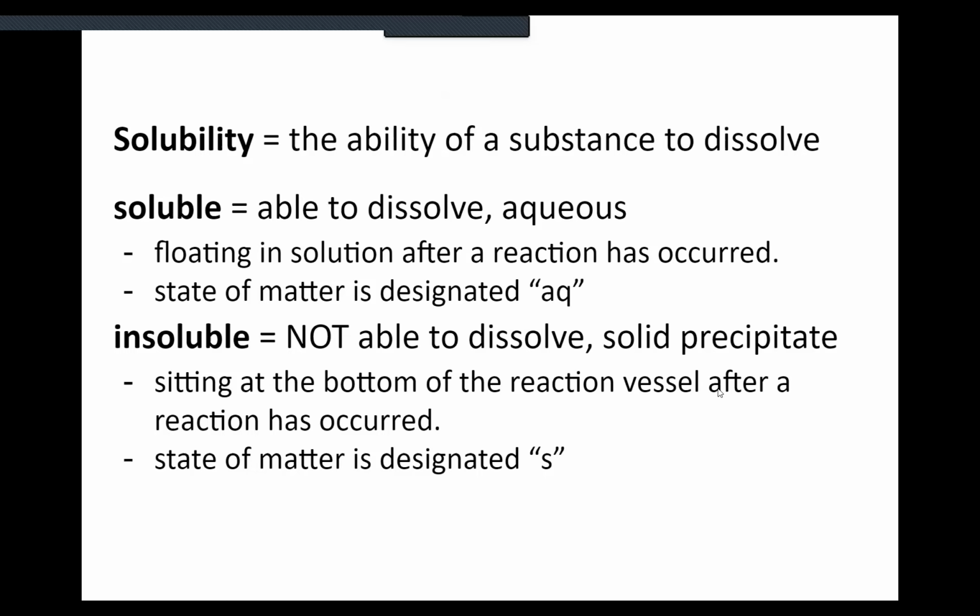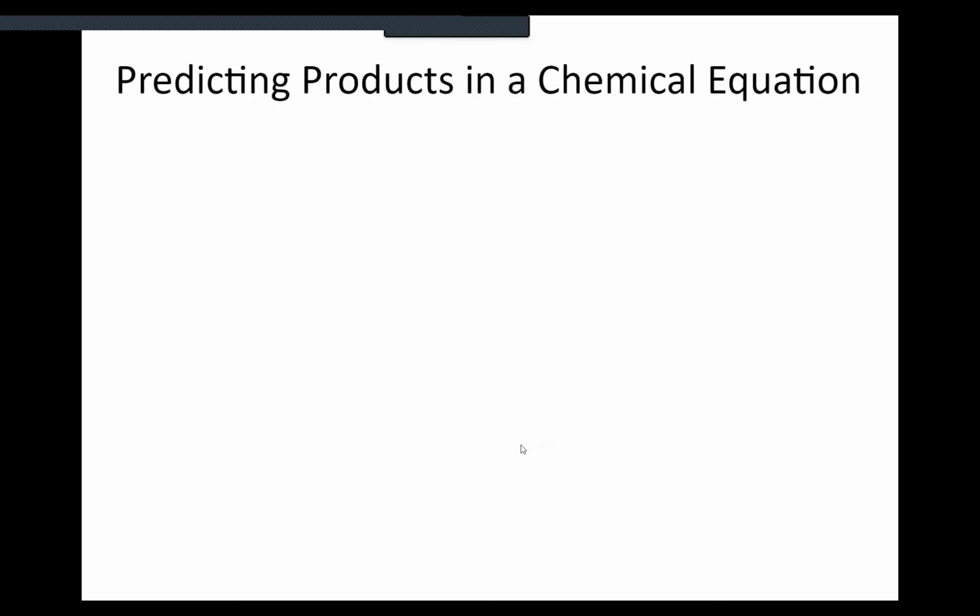Now, unfortunately, in my mind, the word solid sounds a little bit like soluble, but they mean exactly the opposite. The soluble substance is the thing that's aqueous and is therefore not a solid. The solid is the thing that's insoluble. Try to keep that straight. I wish those words didn't sound so similar.